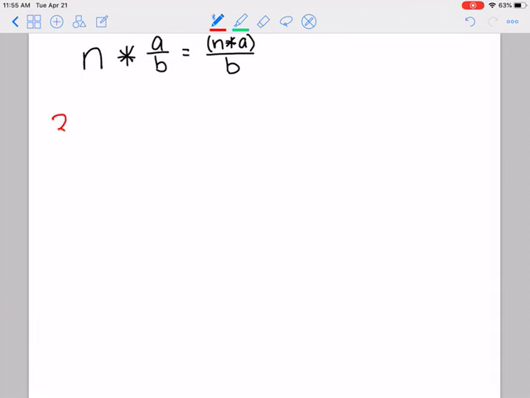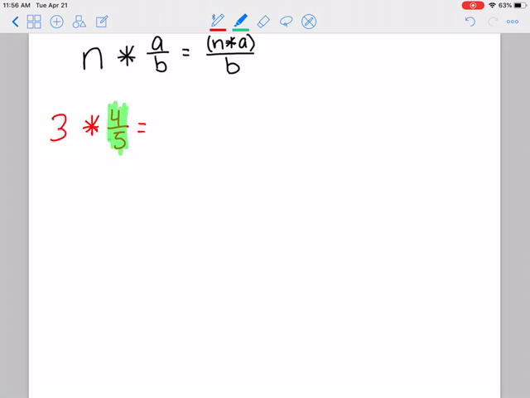The example is 3 times 4 fifths. So let's plug it into our formula. So the n is 3, right? The A/B is 4 fifths. Now this is not a unit fraction.